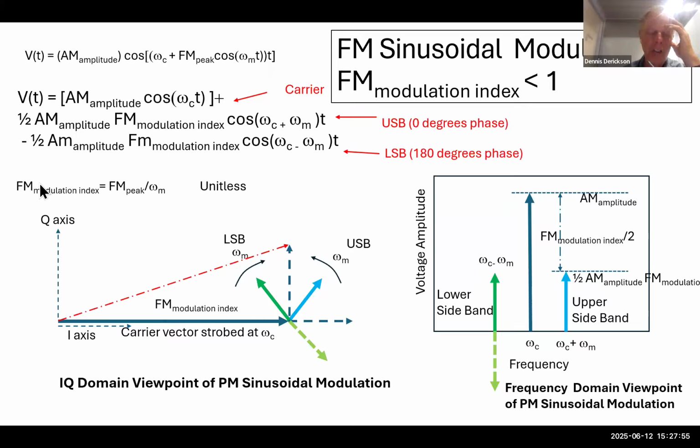And the FM modulation index is the peak frequency deviation over the modulation frequency. And that is the same thing as the peak phase modulation. So that's a simplified version of FM, a spectral domain view, and an IQ domain view. Again, this is for the FM modulation index less than 1.